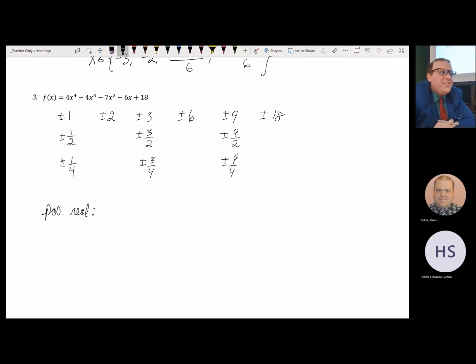Sign changes. Plus to minus is 1. Minus to plus is 2. You have 2 sign changes in f of x. That means we have 2 or no positive real zeros.